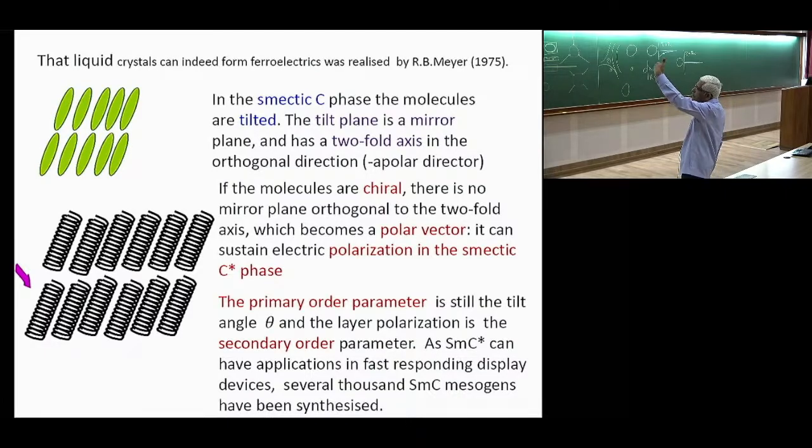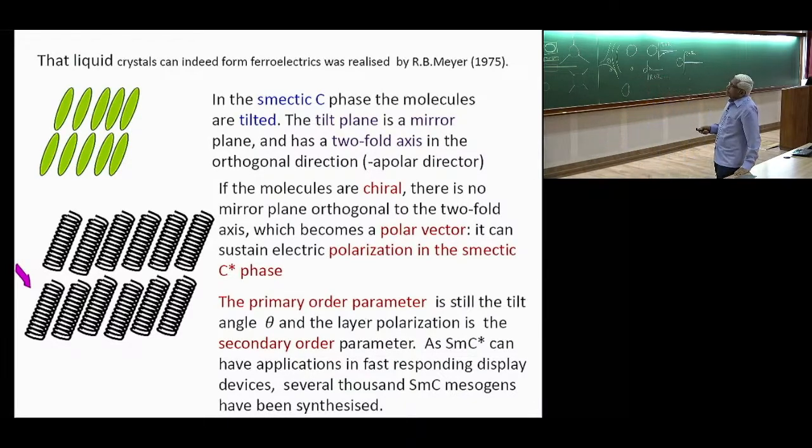One is a reflection plane in the plane of the screen, and the other one is a two-fold axis perpendicular to the screen, because the director is apolar. Supposing the molecules look like spiral springs, chiral, then you lose the mirror plane, which means this two-fold axis should now become a polar vector, because in the reflection it looks in the opposite direction. No reflection plane.